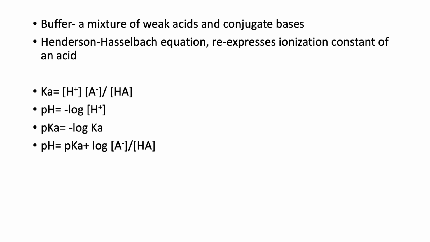So again, the ionization constant is equivalent to the proton concentration multiplied by the concentration of the conjugate base divided by the total concentration. pH is the negative log of H, pK is the negative log of Ka, and you can do an arithmetic construction of this with this substitution, and you get pH equals pKa plus the log of the conjugate base over its total concentration.